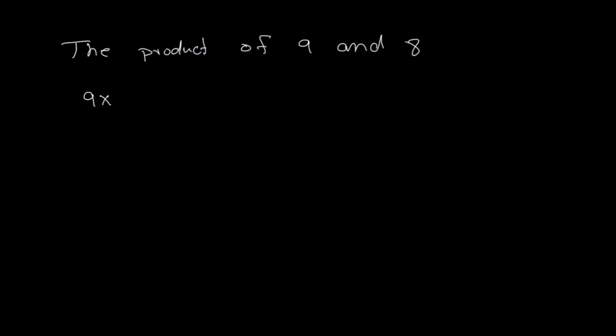We cannot write it with an x in algebra, that would be wrong. So what we will do here is 9 times 8, and the result will be 72. So that's how we say it: 9 times 8 will be 72.